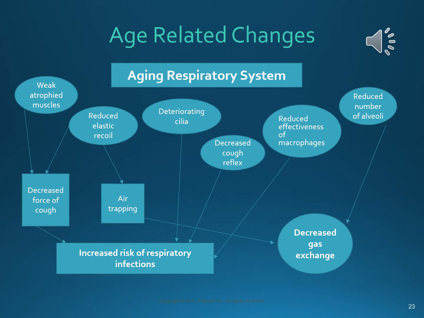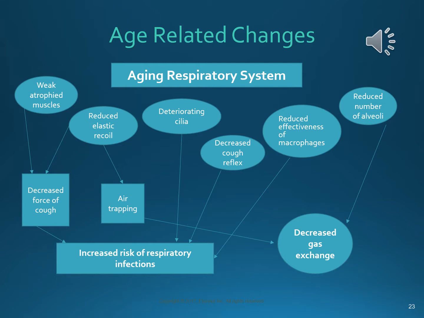If you go a little bit farther to the right, you will see that your cilia have a deterioration in their action and their ability to sweep those microorganisms out, again, increasing your risk of respiratory infection. You have a bit of a decreased cough reflex, again, diminishing your ability to get that trapped bacteria out, and so you have an increased risk of infection.